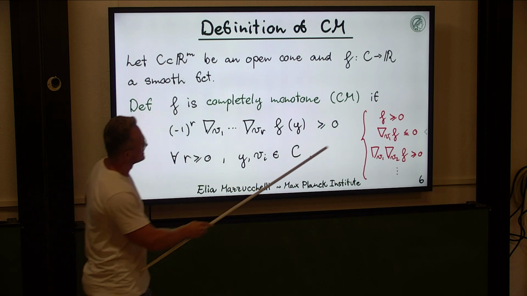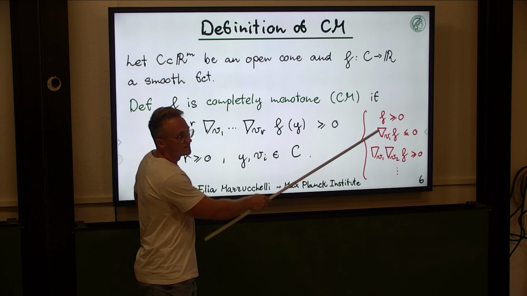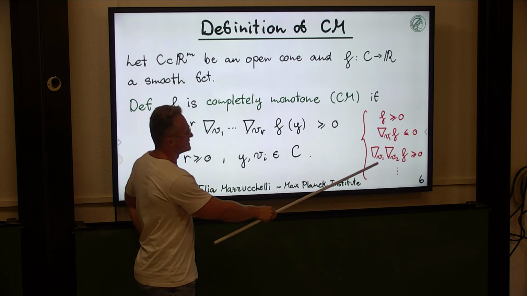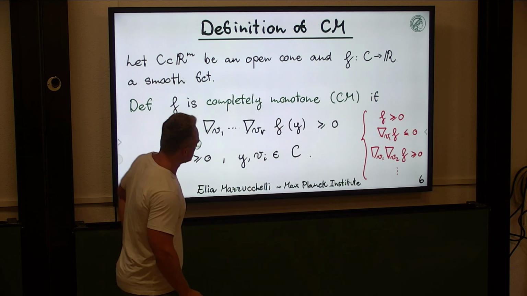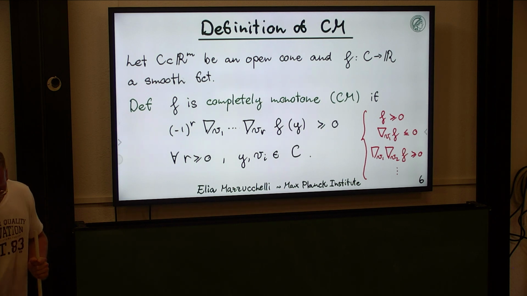So in particular, this is telling that the function is positive on the cone. It has negative directional derivative with respect to every direction inside the cone. It has positive double directional derivative, and so on. So there is some positivity property on functions defined on a cone.